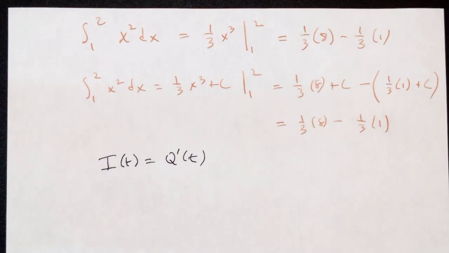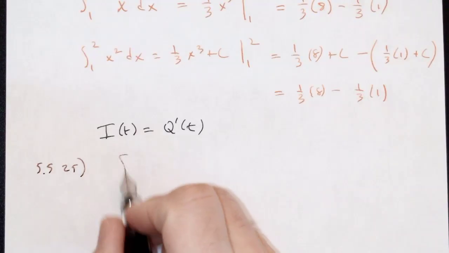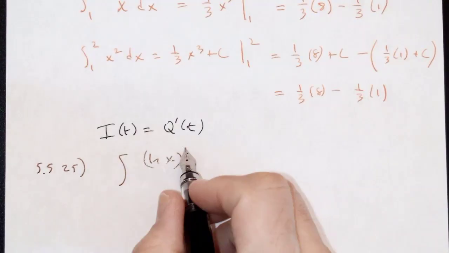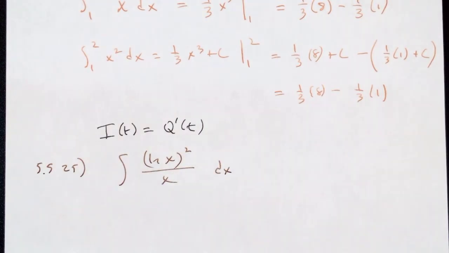Section 5.5, number 25. The integral of ln of x, quantity squared, over x dx. I'm going to do the same thing for you that I did for Evan earlier, and I'm going to separate the numerator and the denominator.